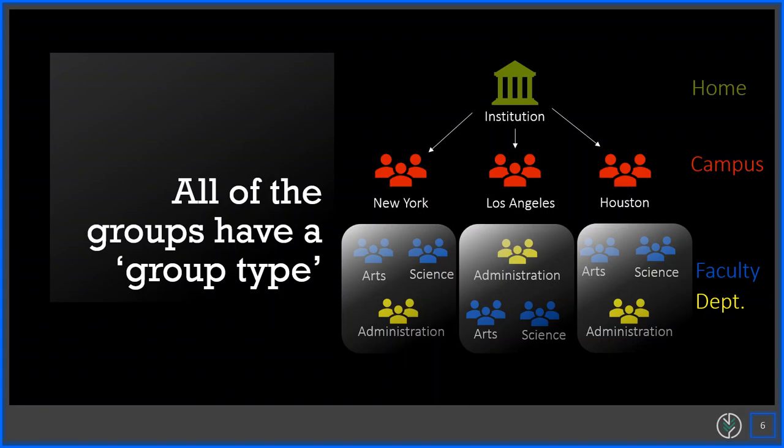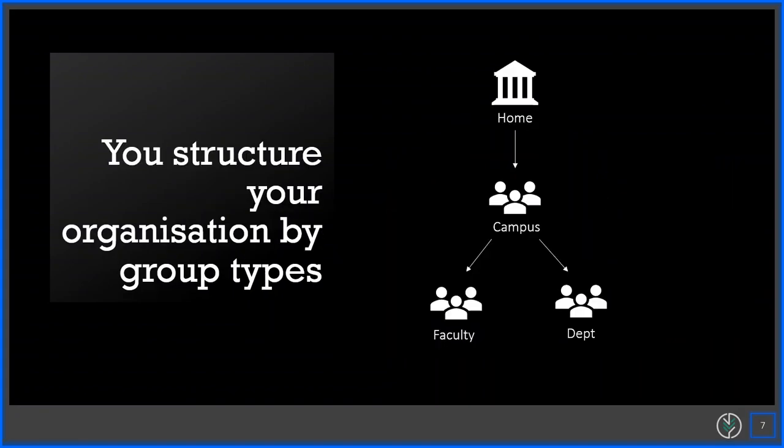So we've got 4 group types in our little demonstration here. If we're happy with the idea of simplifying to group types, then we can show just those on our structure. You'll notice that they're still in 3 levels. A faculty has to belong to a campus, and a campus has to belong to the home.